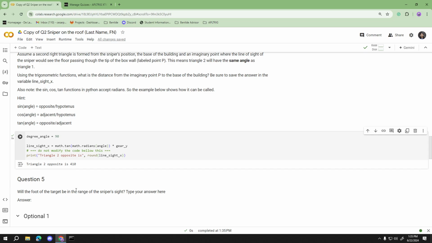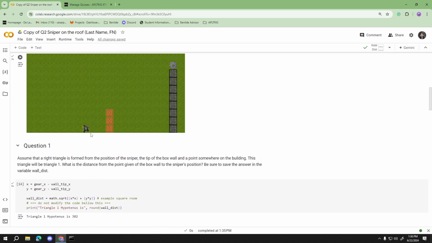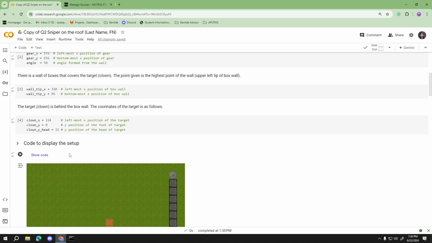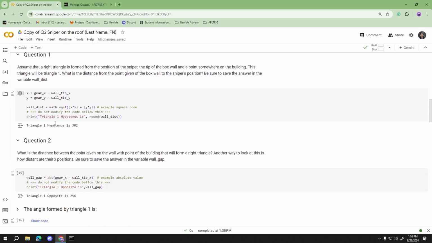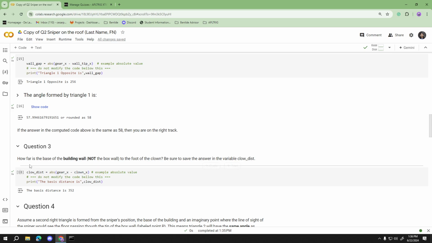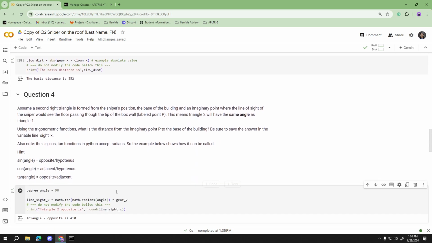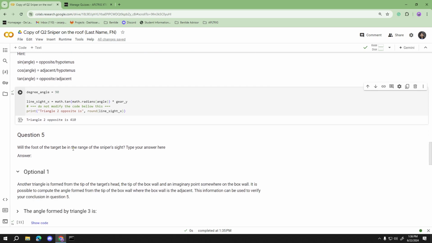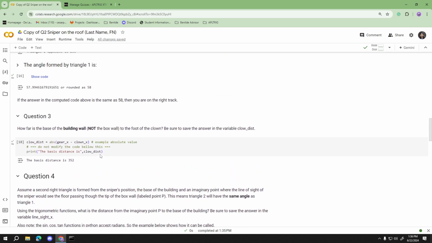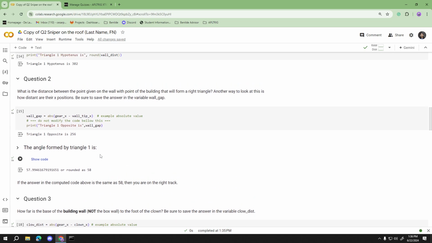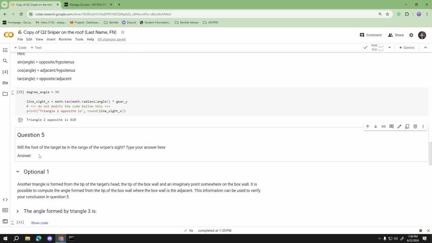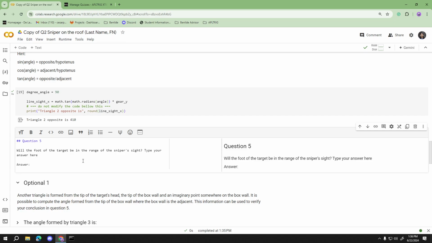Question 5. Will the foot of the target be in range of the sniper's sight? If you remember, our x here is 224. Did we try to solve that? No, we didn't, so we can just do that manually.